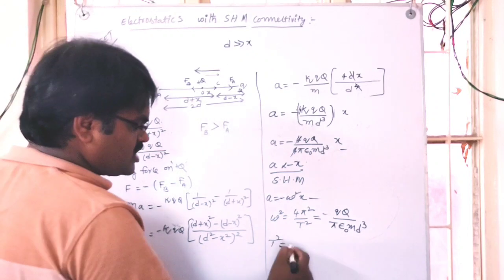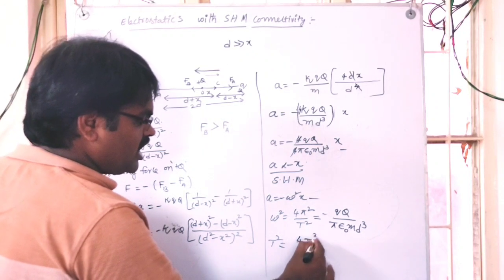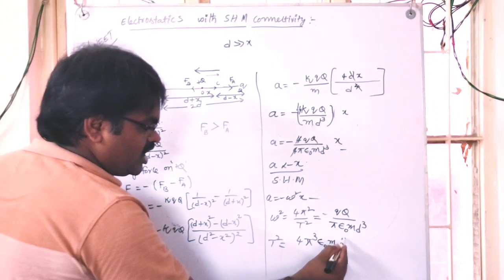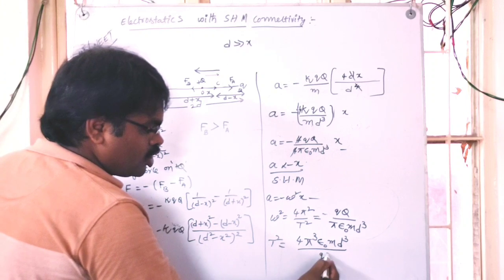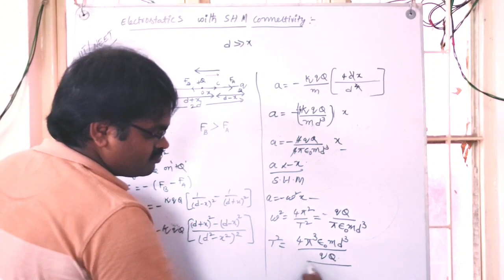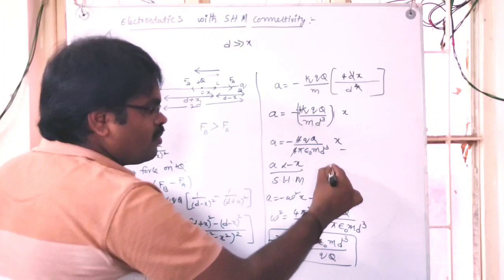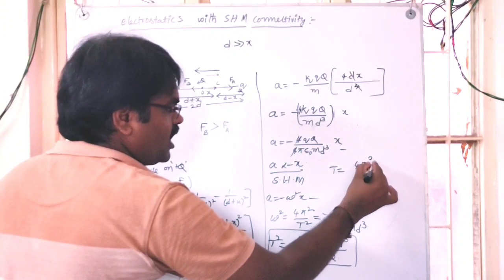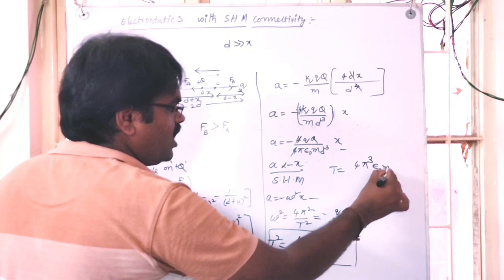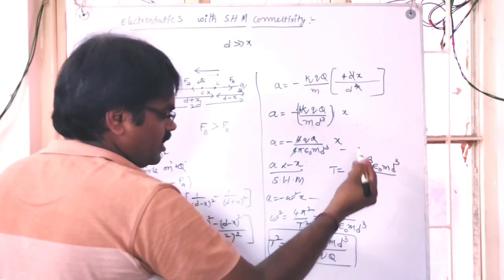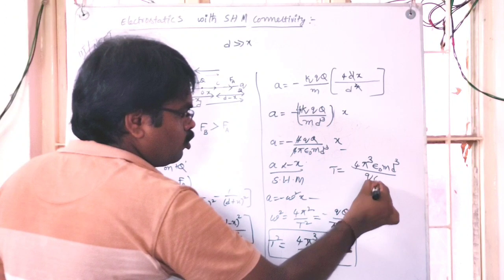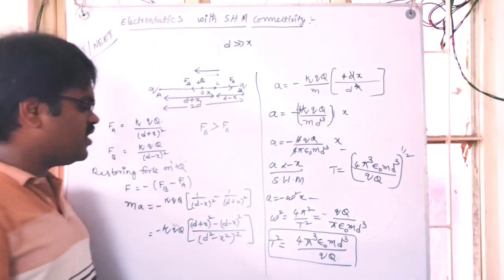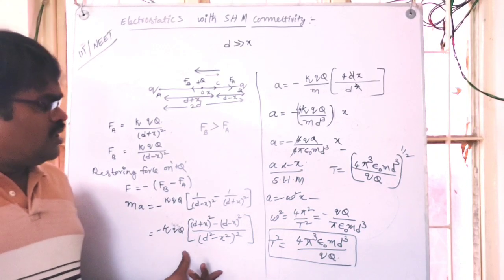T square is equal to, cross multiplication, 4 pi cubed epsilon naught m d cubed by qq. This is about T square. But the time period is 4 pi cubed epsilon naught m d cubed by qq, whole power of 1 by 2.